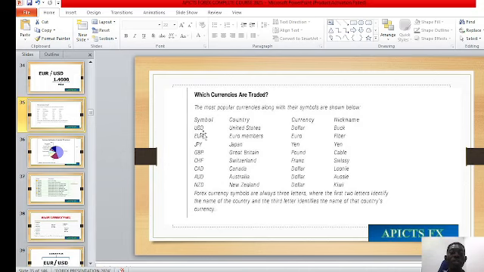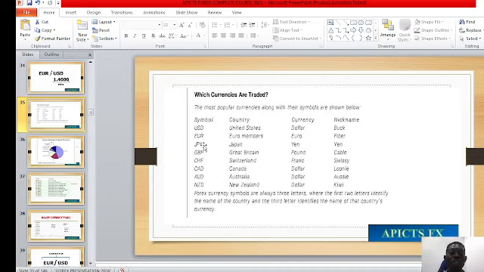Now, when you see a currency written like this, the first two letters, usually, not in all cases, represent the country, and the third letter represents the currency of that country. So when you have USD, that is United States, then dollar. Euro is euro, that one is an exception to the rule.